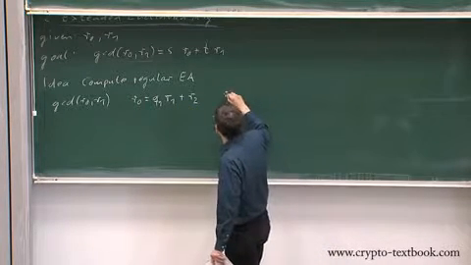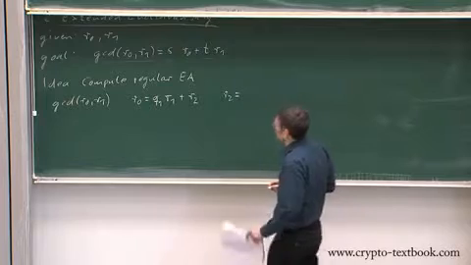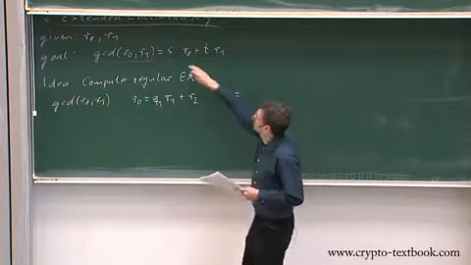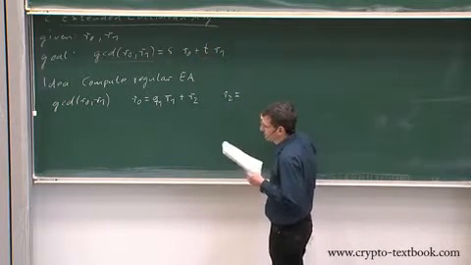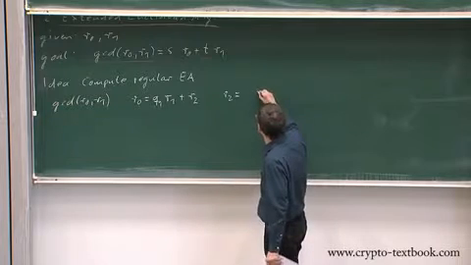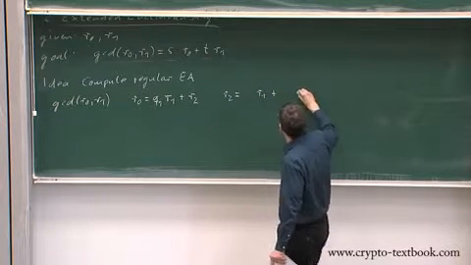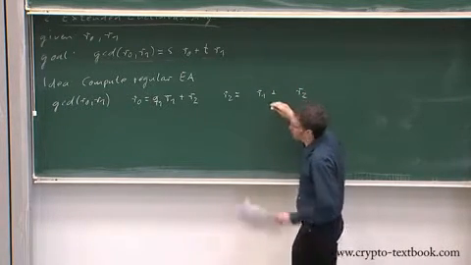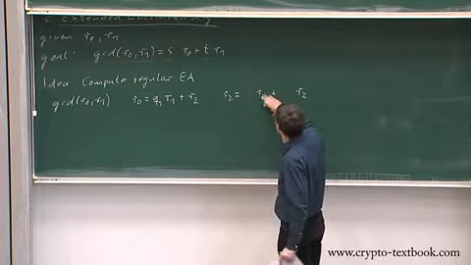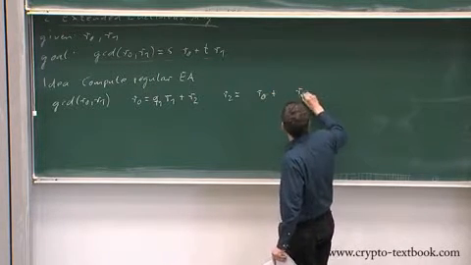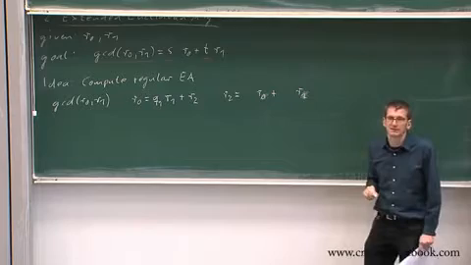And we write it in a special way, namely as a multiple of R0 and a multiple of R1, okay?